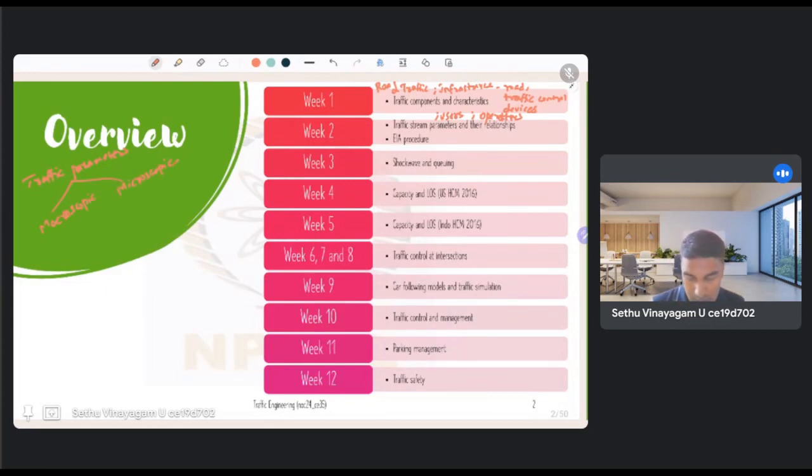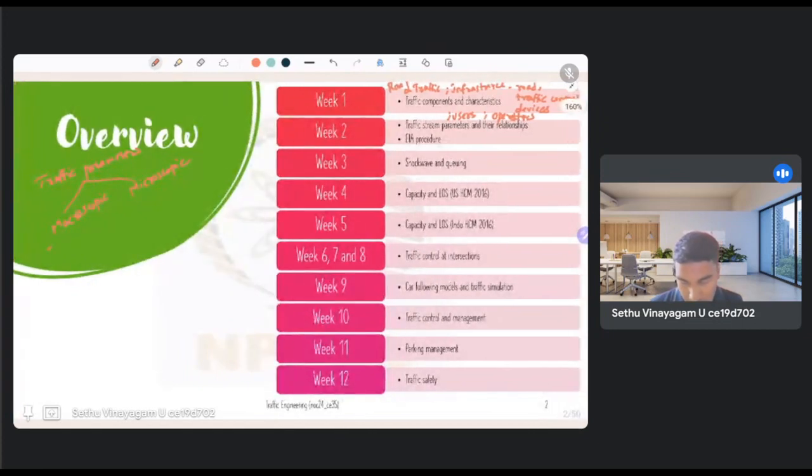Under macroscopic parameters we have flow, speed, and density. This speed is actually the stream speed, not an individual vehicle, but the speed of the stream as a whole.